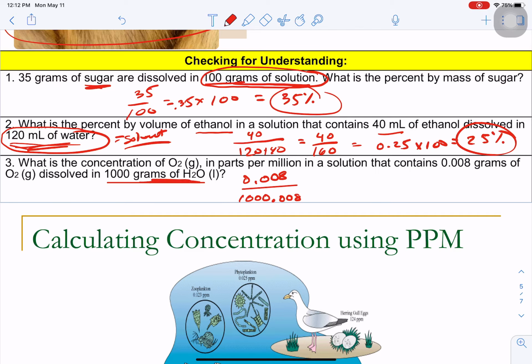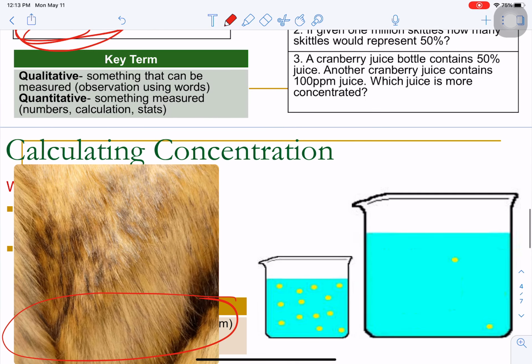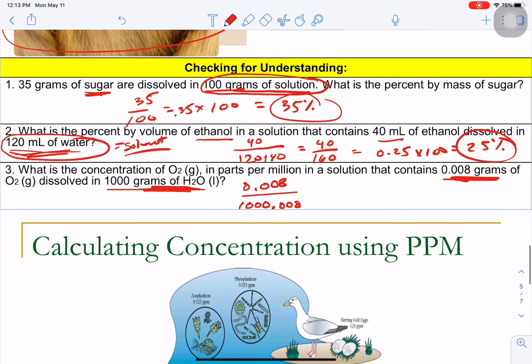Because it's the solvent plus the solute to get the solution. And remember, the denominator is the mass of the entire solution. It's a part over the whole. Okay. All right. So if we do this, I'm going to do it on my calculator. 0.008 divided by 1,000.